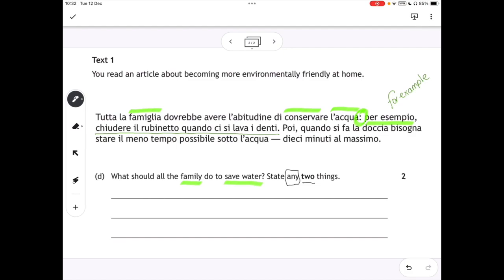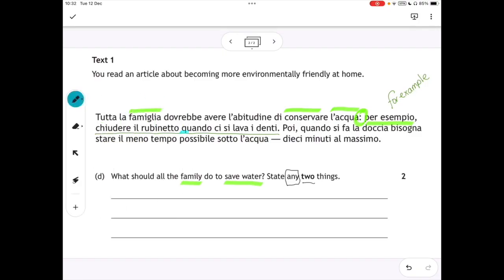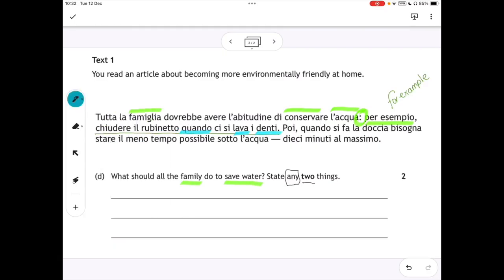So in this sentence, I already know 3 words. And those words are cuando, lava, and denti. So I know that that means when, this means wash, and this means teeth.